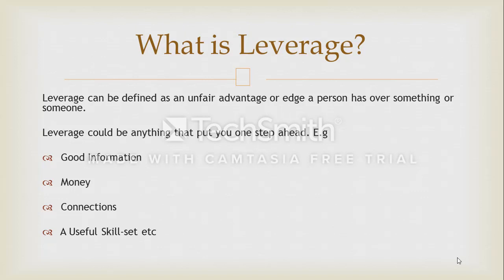Unknowingly to Mr. A, Mr. B has been silently working on a very useful skill, which is marketing and sales. So during the interview, he makes it known to his employers that he also has knowledge and experience in marketing and sales, and is able to serve them better in that aspect of the company. By the way, in all companies and all businesses in this world, one of the most important moving parts of a business is marketing and sales.